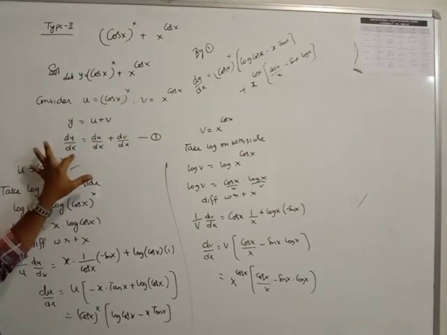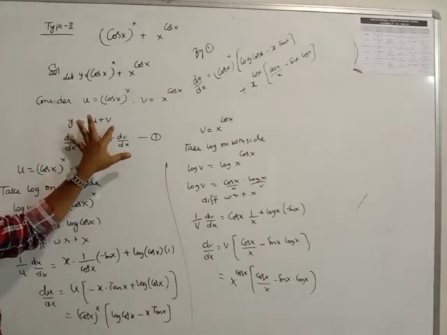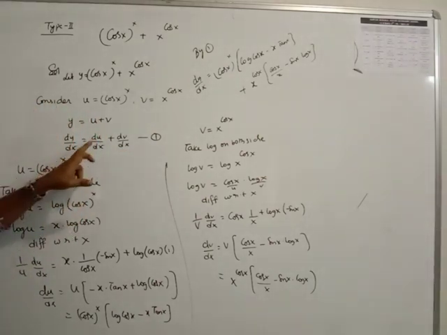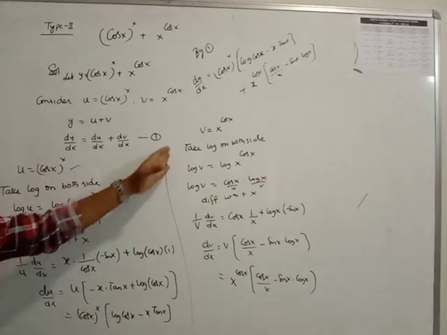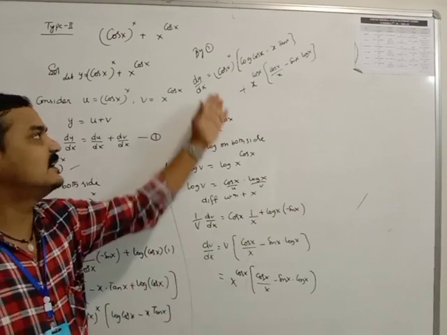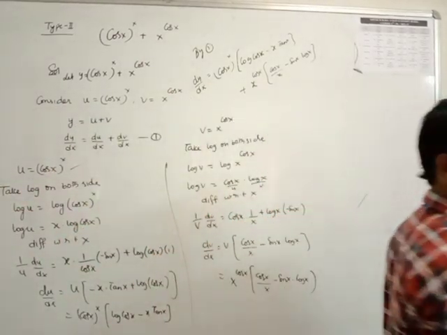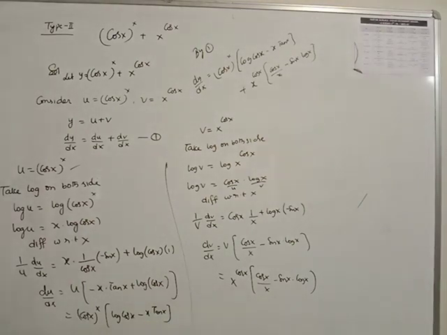Here you can differentiate, dy by dx is equal to du by dx plus dv by dx according to the algebra of differentiation. Now u is equal to this one, take log and find du by dx, and for v find dv by dx, and finally substitute in equation 1 and you can get the answer. Very important long answer question.